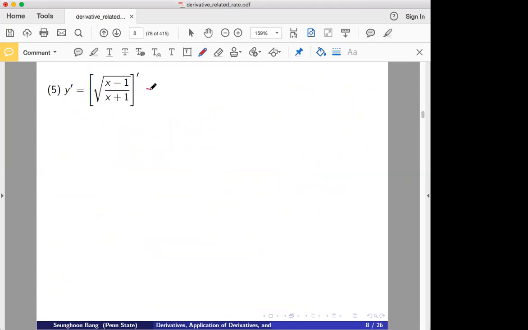You can change this one to use the power rule: ((x minus 1) over (x plus 1)) to the power 1/2, prime.